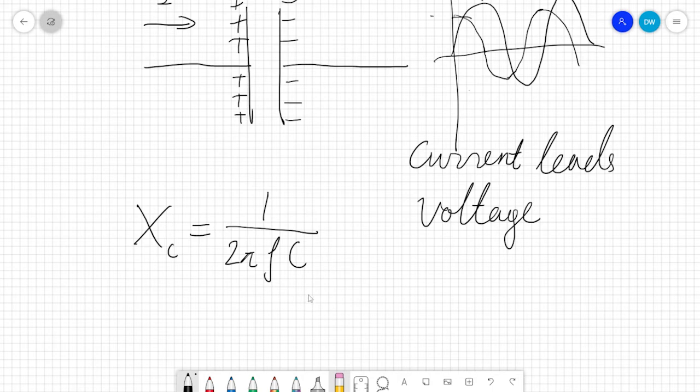Capacitance is basically the capacitor's ability to store charge. So this is a formula we use to work out the capacitive reactance of our capacitor.